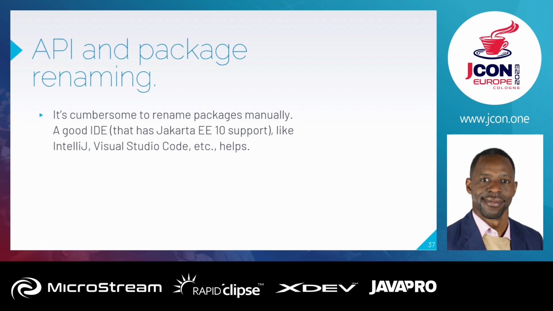IntelliJ has support for Jakarta EE 10. So when you change your POM to Jakarta EE 10, it will, well, I've done this, but I don't have IntelliJ here because I'm an Eclipse person. It will start prompting you: these are the imports that failed, and there's an alternative import to fix it, and it's line by line.